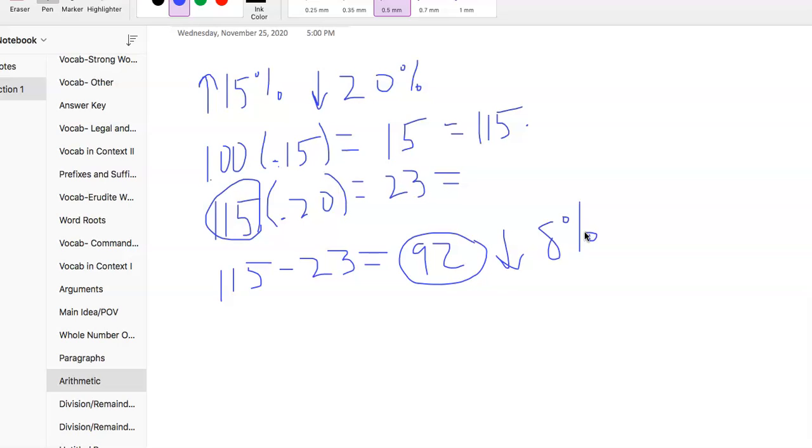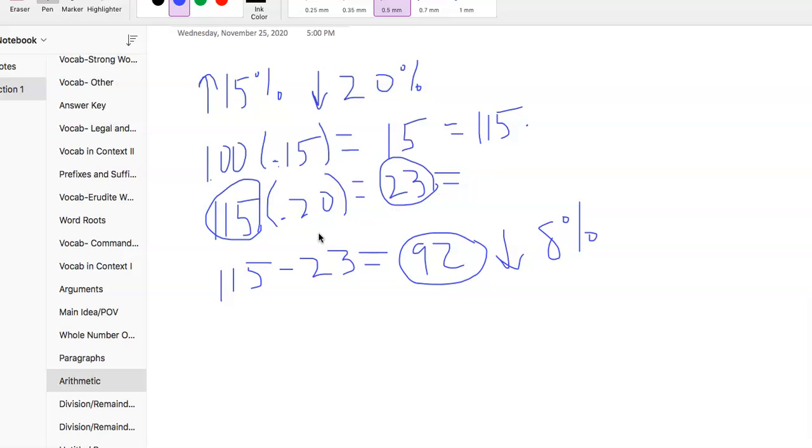The key part was we didn't multiply 100 times 15% and then 100 times 20%. It was 100 times 0.15 and then 115 times 0.20. Because we were multiplying by 115, we got a bigger drop.